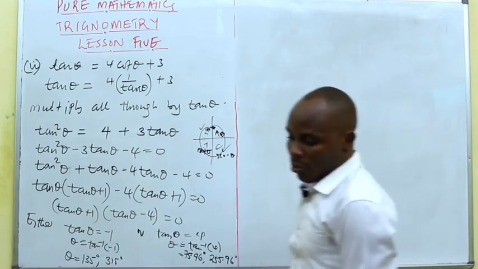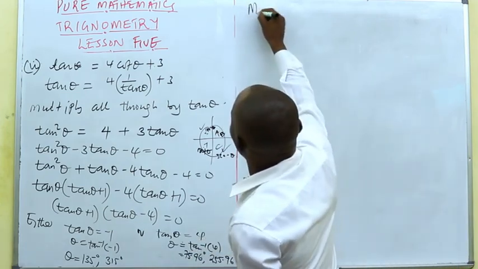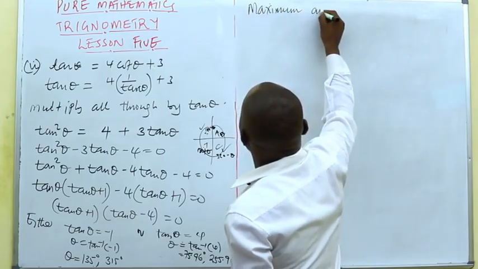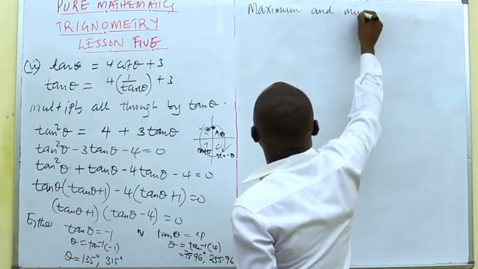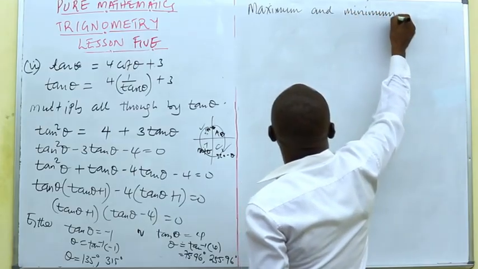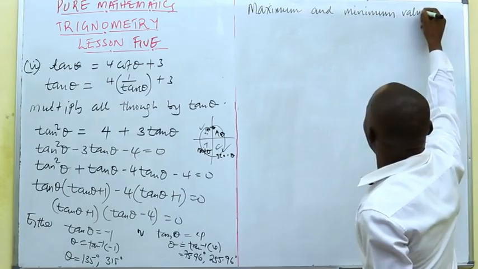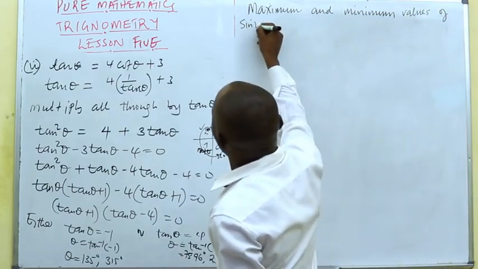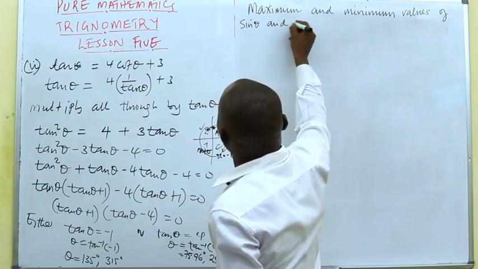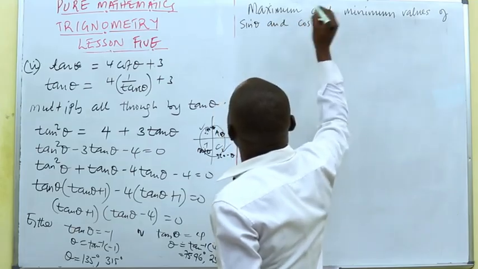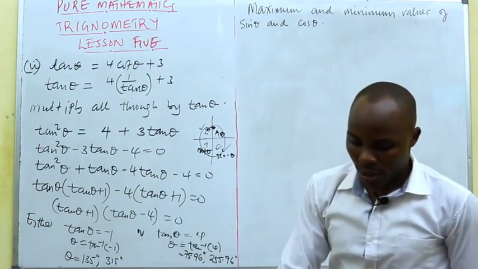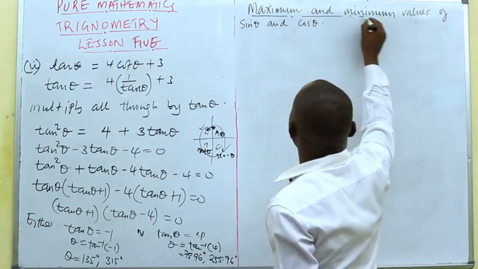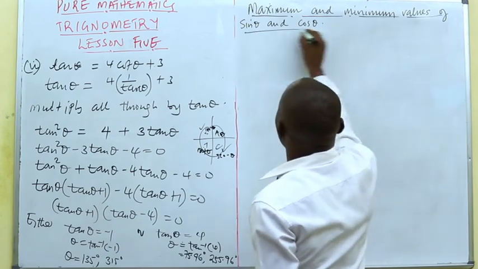We are talking about the maximum and minimum values of sine theta and cos theta.